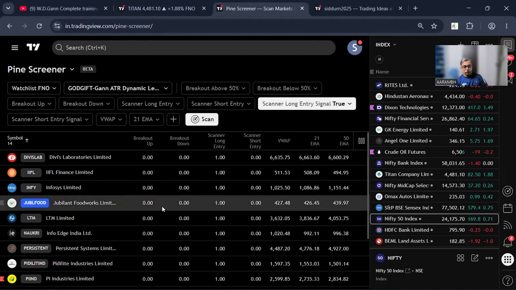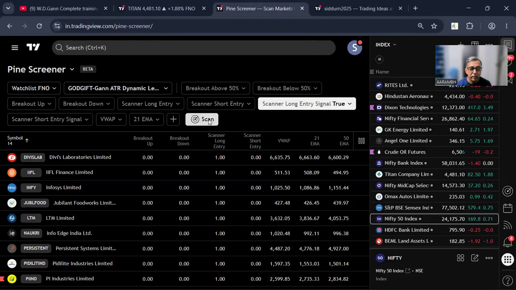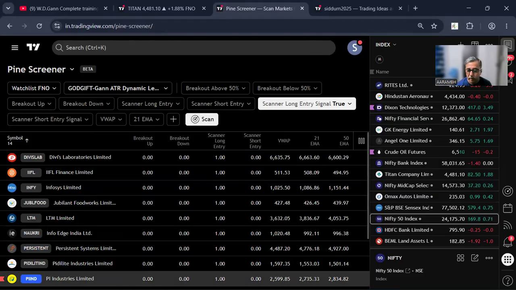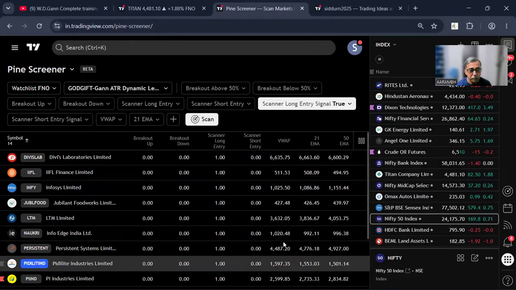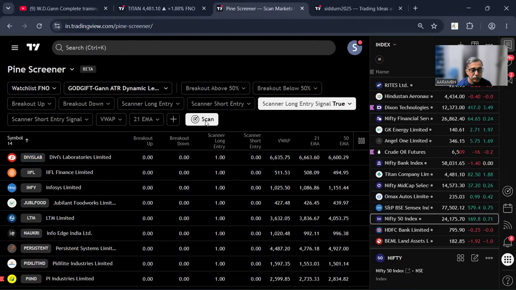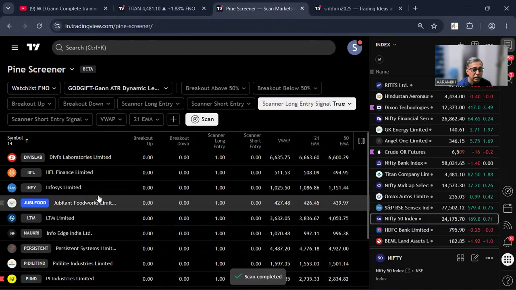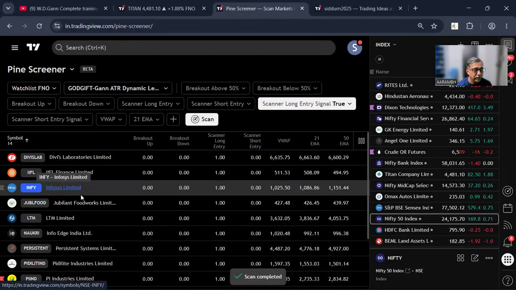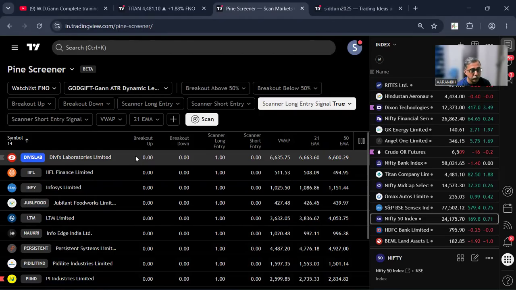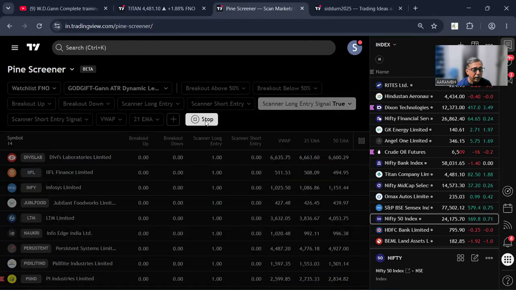If you are a good IT engineer, you can automate it using some applications, so it keeps scanning every 2 minutes or every 1 minute, automatically clicking scan and updating the stocks whenever something comes. If you can automate, you can do that. Otherwise, you do it manually like this.